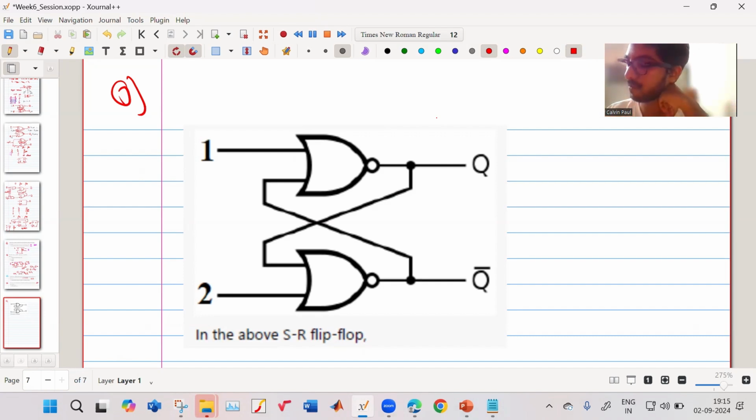Any idea? So this actually is the set. And the one closer to Q is reset.